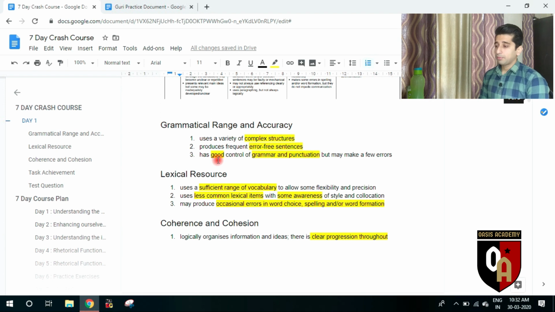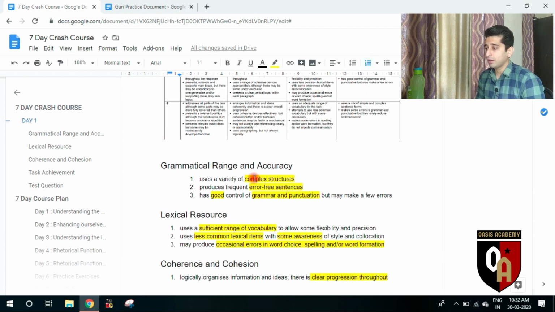Reading the band descriptions is very important if you are aiming to get a good score, because without it, I don't think one can really know where to start. Invest 15 to 30 minutes to read it and understand it, because the more time you spend here will give you a clearer idea of what things you need to work on.